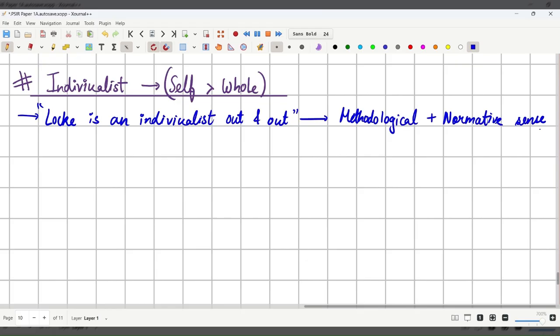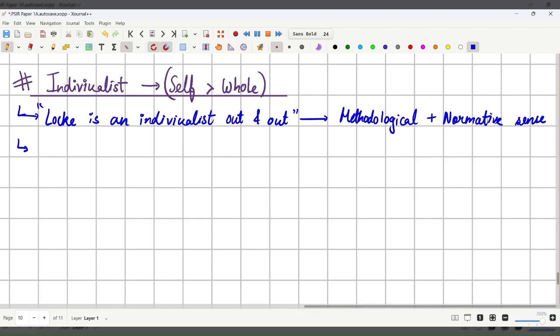And in a normative sense means basically he finds nothing wrong in being an individualist. So basically Locke prioritizes the individual over the state in both senses, methodological and normative.